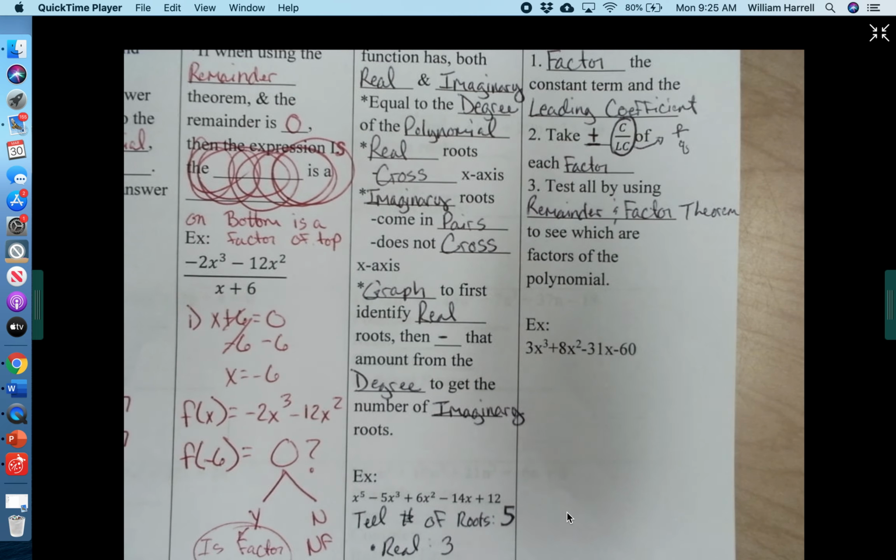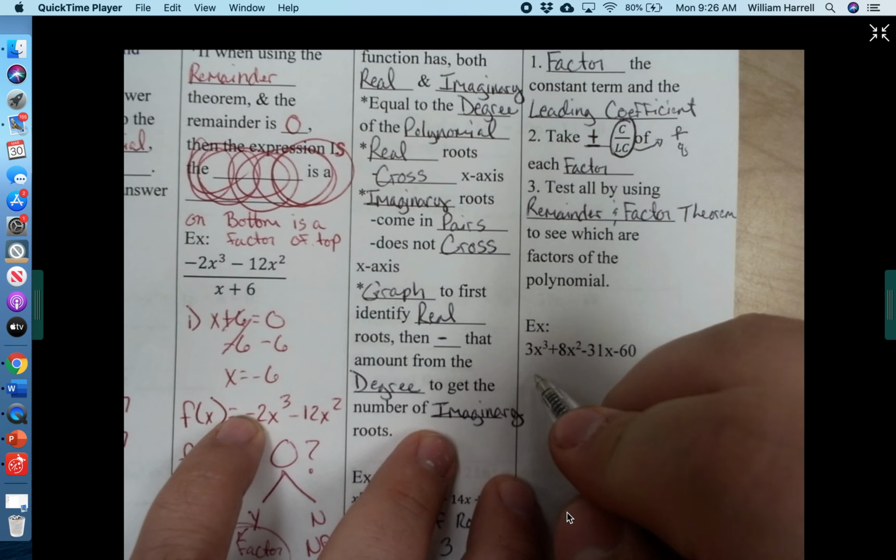Okay, so for this example, what I need to do is find every factor of my leading coefficient and my constant. Again, this is why it was so important for us to be able to break down a polynomial into all of its different pieces and parts.